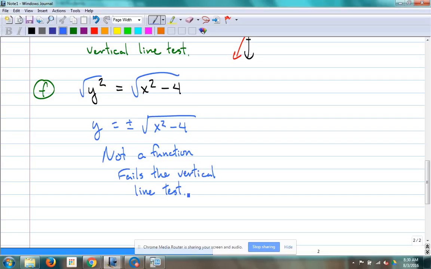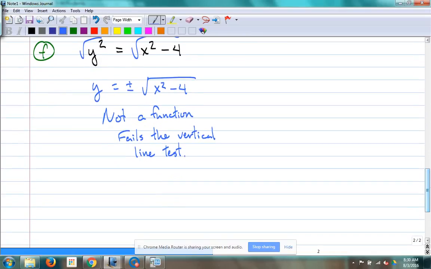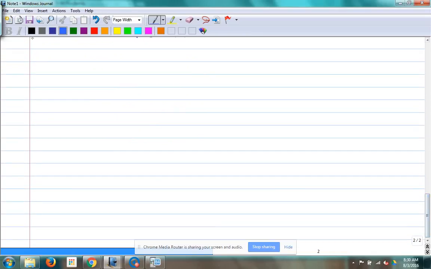All right. Now, deciding if something is a function or not is what lets us get into function notation. And this is something you've seen for a while. Function notation, f of x equals, and we'll just take an equation, 3x plus 5.